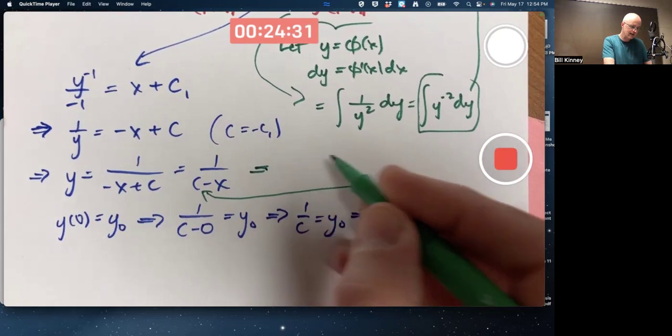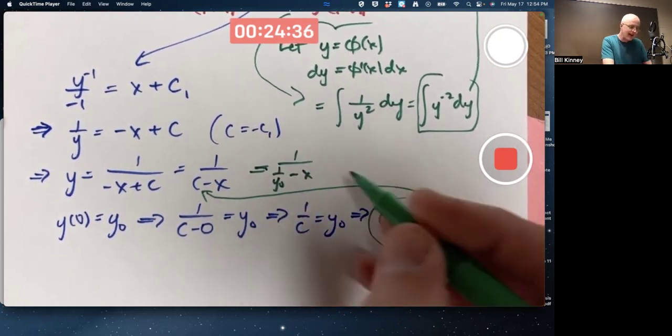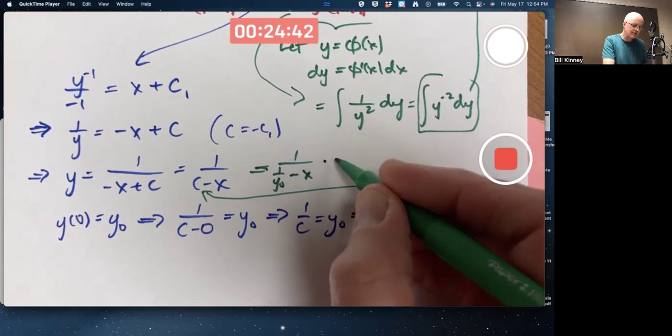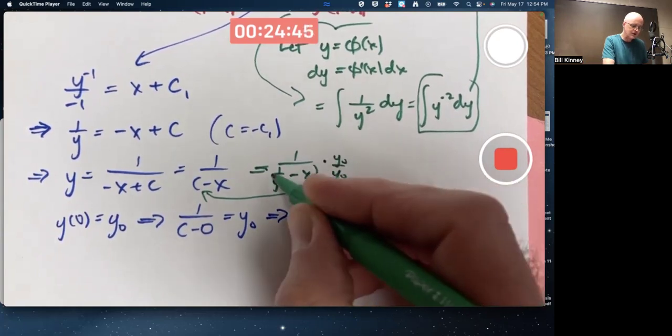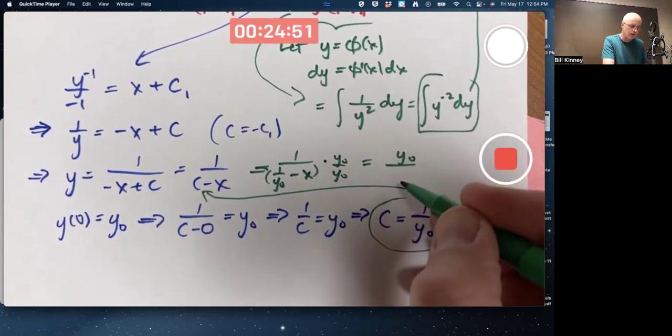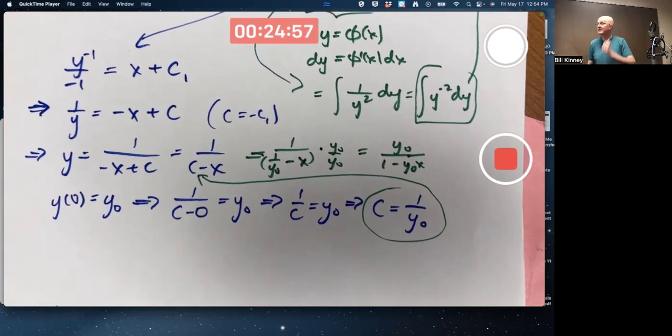In place of c, we could write that general solution like this using the initial condition, and then do one more step to get rid of the fractions within fractions by multiplying the top and the bottom by y naught, which doesn't change the function because I'm really multiplying by 1, and write it as y naught over 1 minus y naught x. And that is a formula that works even when y naught is 0. So you might call it a better general solution, though I am thinking of y naught as being a specific number. So it's really more like one function if y naught is a specific number.